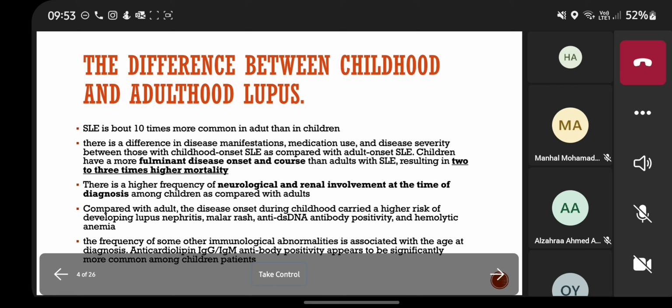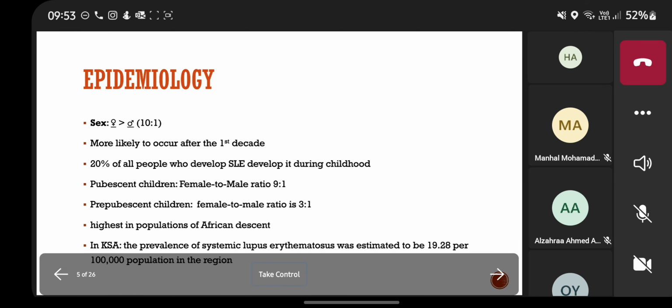The frequency of some other immunological abnormalities is associated with the age at diagnosis. Anti-cardiolipin IgG and IgM antibody positivity appears to be significantly more common among children. Okay, so children manifest similarly to adults, but with greater severity and different treatment approaches.